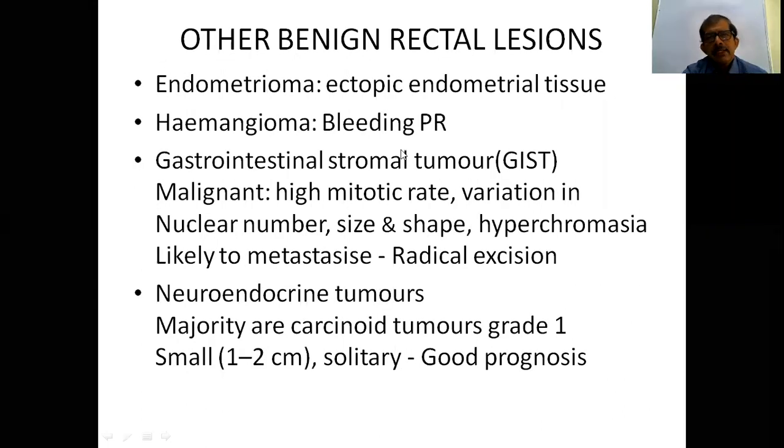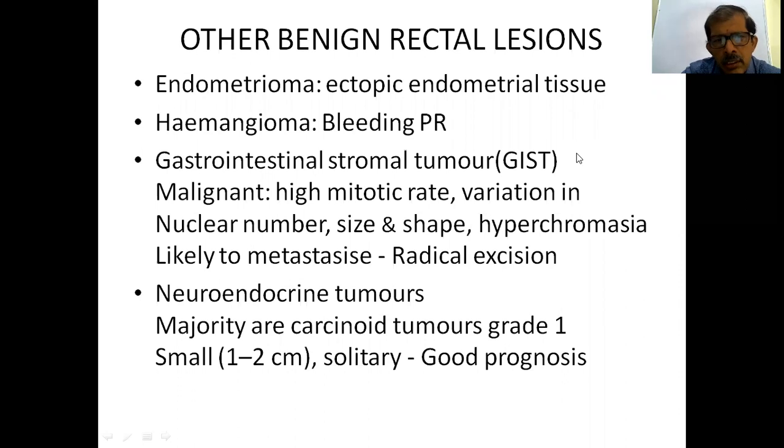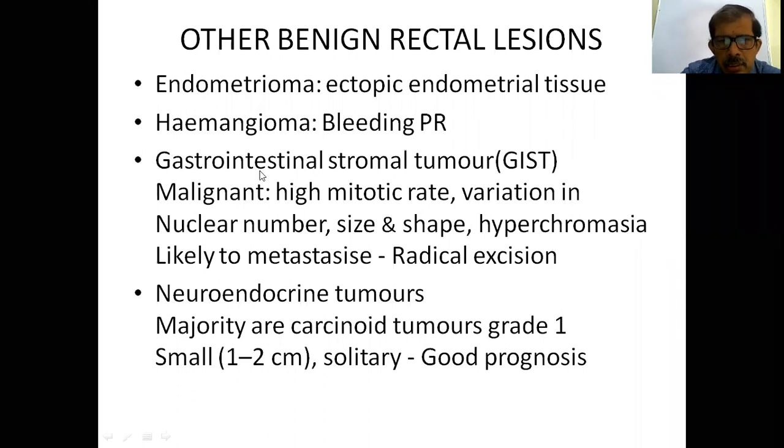So benign rectal lesions: because of ectopic endometrial tissue, there may be endometrioma in the rectum, or hemangioma. And the other day we discussed GIST of the stomach. 50% of GISTs are in the stomach, whereas it is also fairly frequently seen in the rectum.